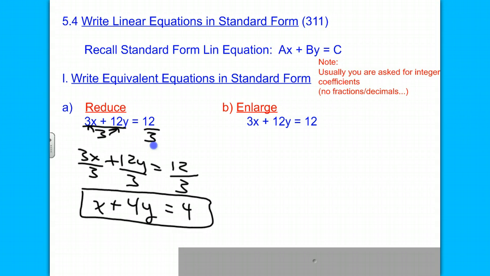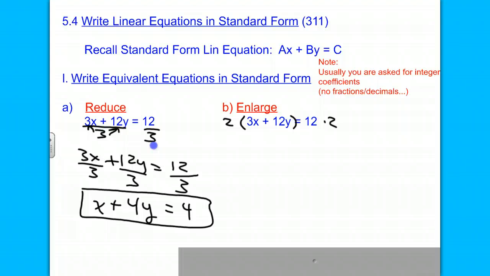So we can reduce equations, and we can enlarge them. Who would like to enlarge this equation here? What do you want to enlarge it by? Anybody? Give me a factor. Any factor. 2? Okay, well, that's easy. So if we're going to enlarge this by 2, we're going to have to multiply both sides by 2, just like we saw in that other example.